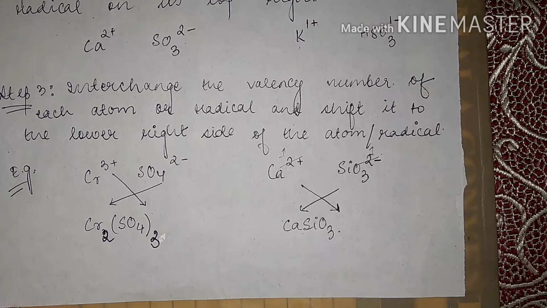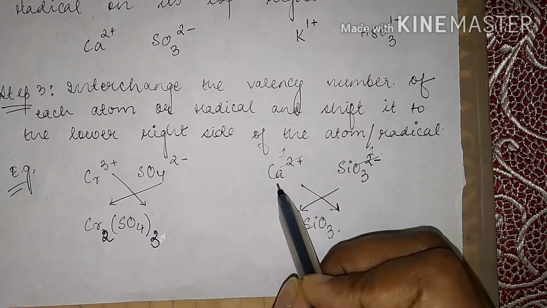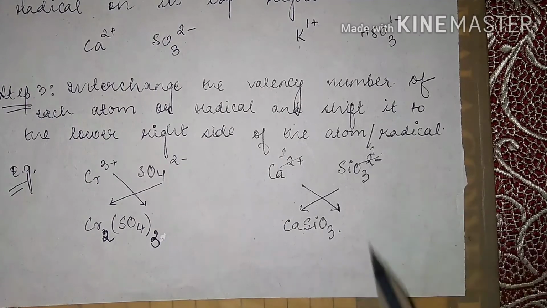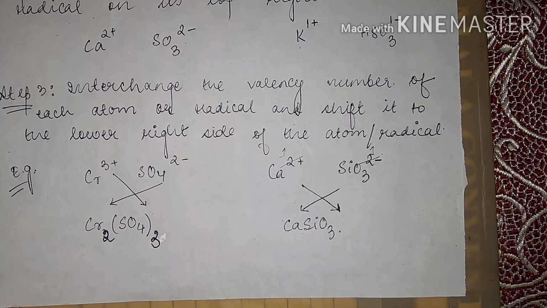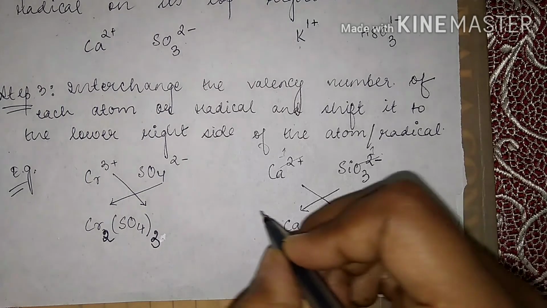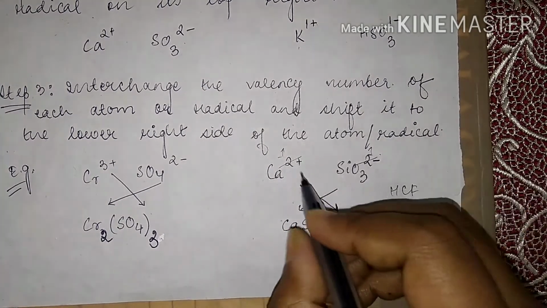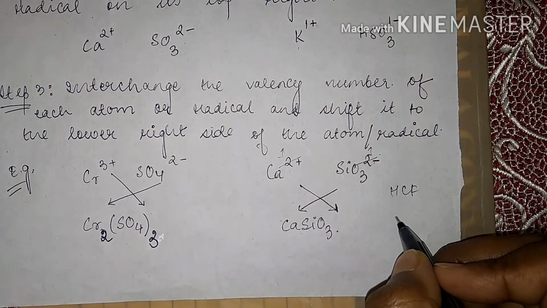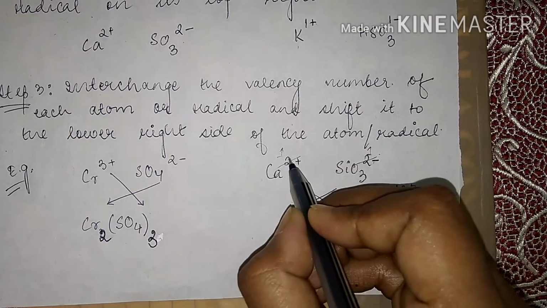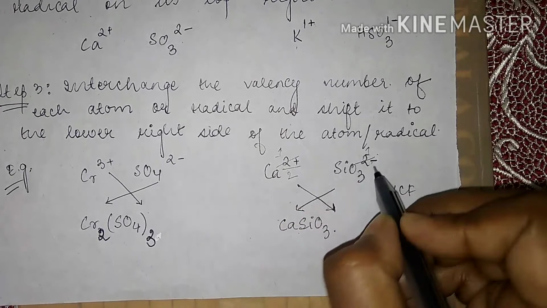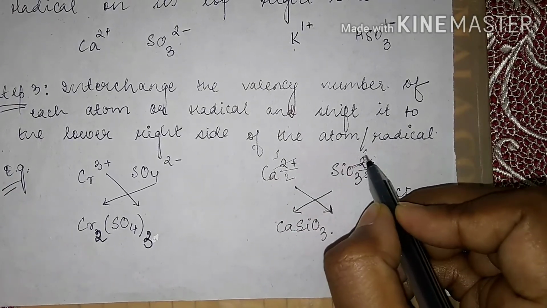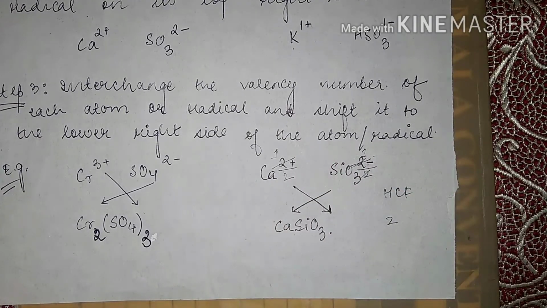Now something to be noted is, in case the valency number of both the atoms or radicals is the same, like calcium we had 2 plus and silicate 2 negative, what we do is, we divide by the highest common factor, that is the HCF. What is the HCF of 2 and 2? Both comes out to be 2. We divide both sides by 2. 2 plus by 2, 2 minus by 2 cancels out to be 1 and 1, as I explained before.